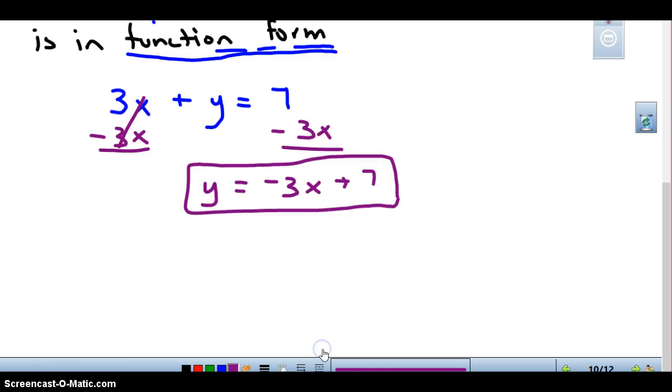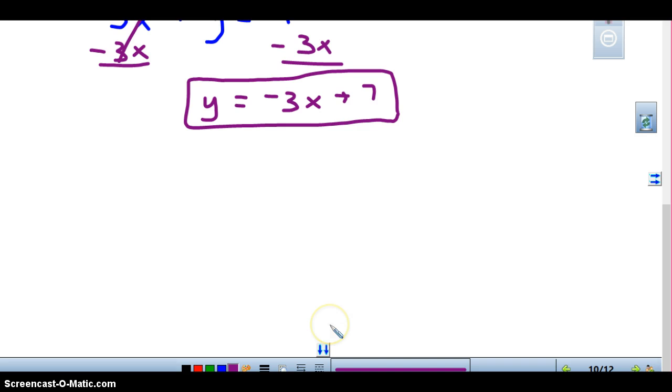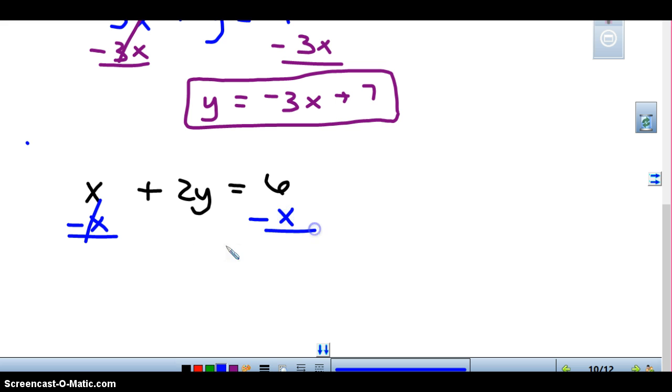Let's try another one. Let's say we have x plus 2y equals 6. Is this in function form? No. How do we change it to function form? We want y by itself, so I subtract x from both sides. 2y equals negative x plus 6.